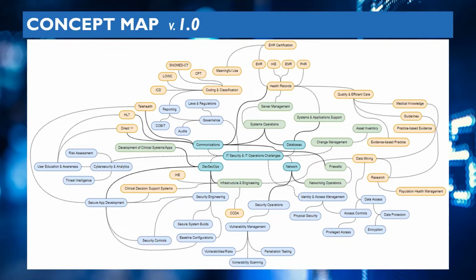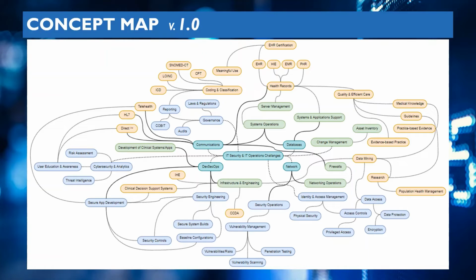So if I can quickly explain, what I've done is put the center focus area that I've been talking about in this presentation, that being IT security and IT operations and their challenges, in the middle, and chosen 4 general topic areas that I've noticed or I think relate to health informatics topics. And those are communications, databases, networks, and that idea of DevSecOps.